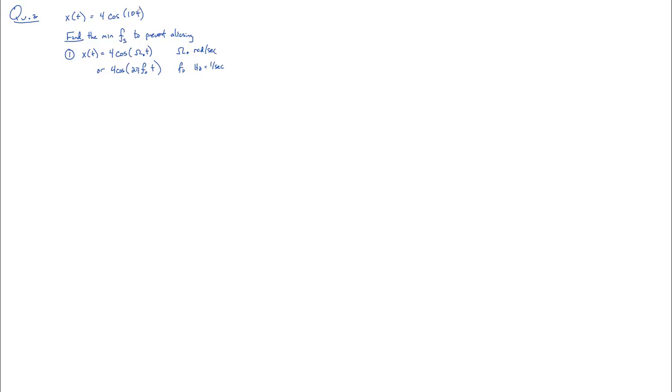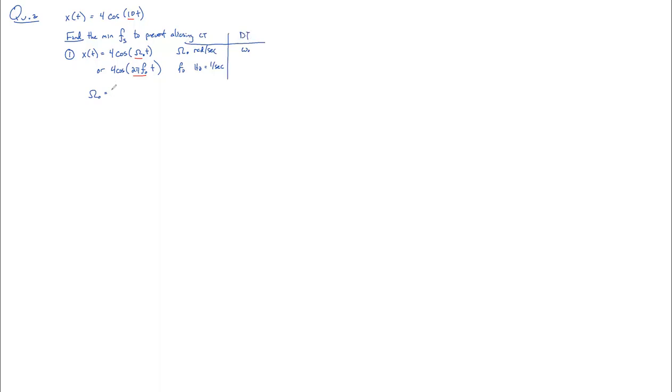So just by matching the numbers, we can say that here we have our capital omega, which is our continuous time frequency. Remember, we use capital omega for continuous time, and we'll use lowercase omega for discrete time. And you won't see a hertz thing in discrete time, but this is continuous time, and this is discrete time.